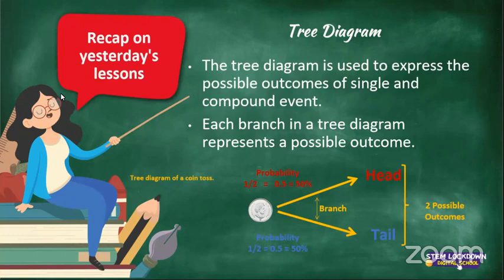To get the decimal, we just divide 1 by 2, and we get 0.5. How do we change a decimal into a percentage? What do we times the decimal by? By 100. There we go. Okay, very nice. 100, very good.